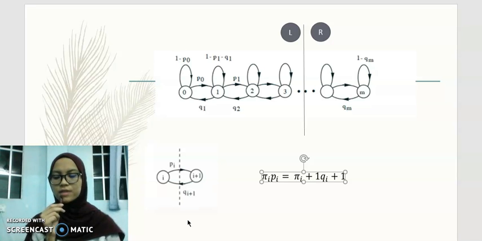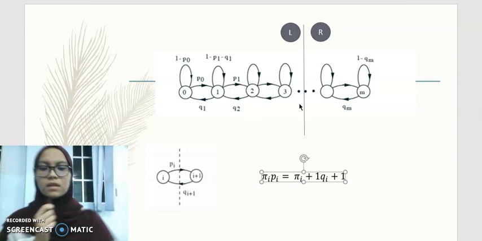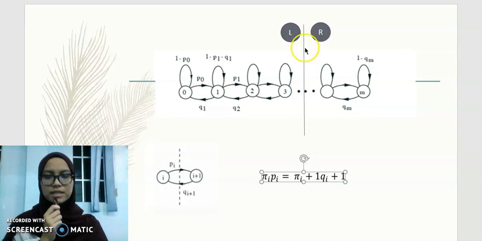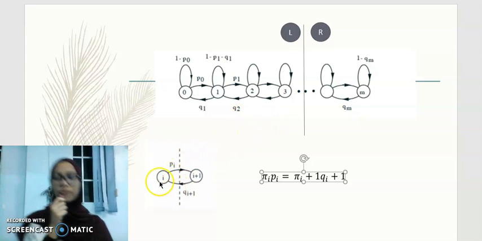To see this, let's draw a line somewhere in the middle of this chain and focus on the transitions between the left part and the right part. Assume that the line cuts through the middle of two adjacent states i and i plus 1, like here, and you zoom in, and this is the picture of what you have.